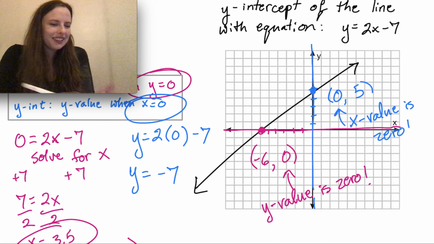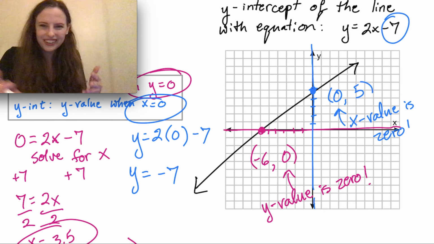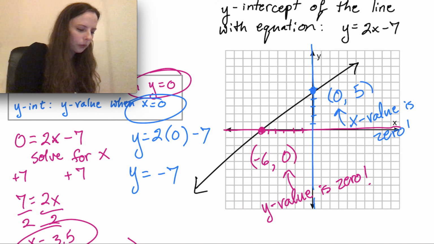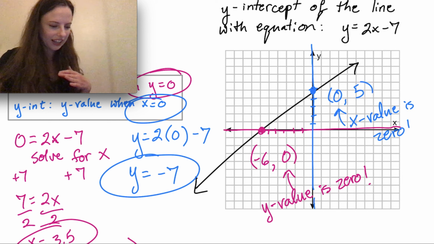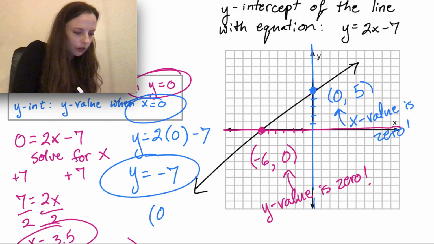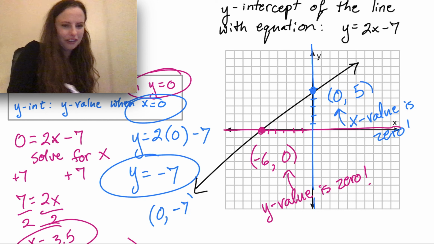Now this should make sense because we know that that last number is the y-intercept. So again, it all kind of ties together here. We can write our answer as y equals negative 7, or as a point with 0 for our x value, and then negative 7 for the y.